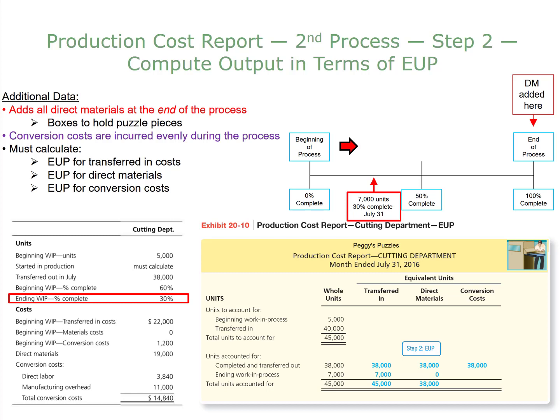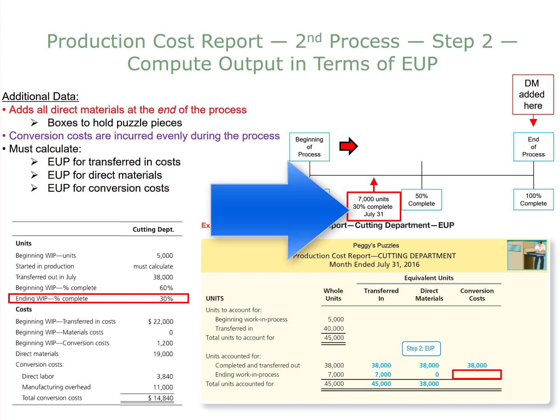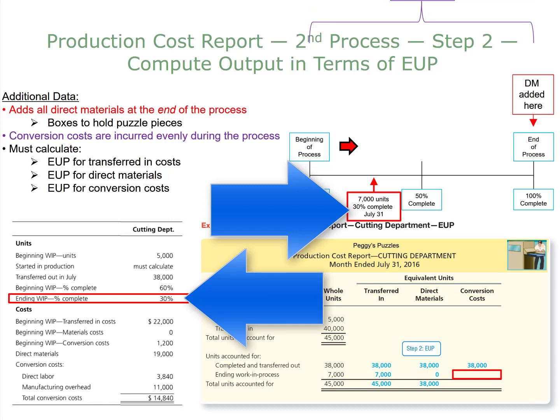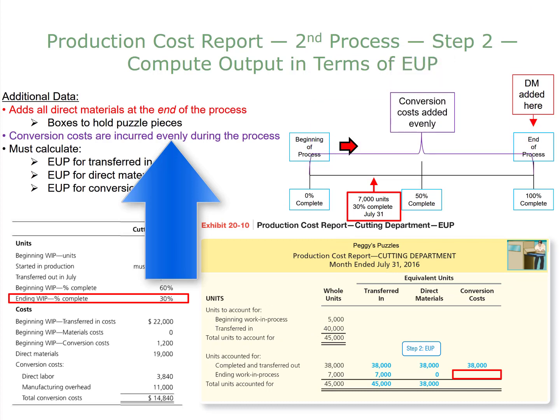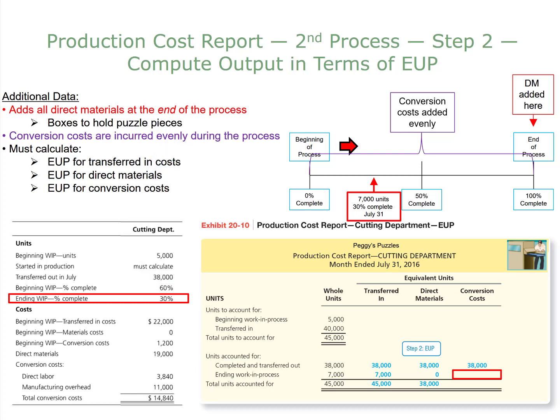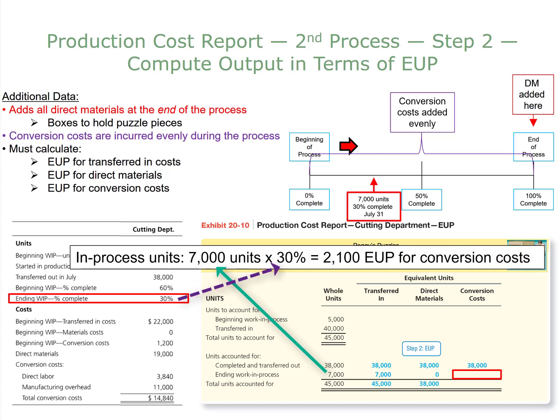Now we will calculate the equivalent units of production for the conversion costs for the 7,000 units in ending work in process. Remember, these units were 30% complete per our data table. Also remember that conversion costs are added evenly throughout the process per our additional data table. So since these 7,000 units were only 30% complete, and conversion costs are incurred evenly throughout the process, to calculate equivalent units of production, we take the 7,000 incomplete units and multiply by 30% to get 2,100 equivalent units of production for conversion costs.